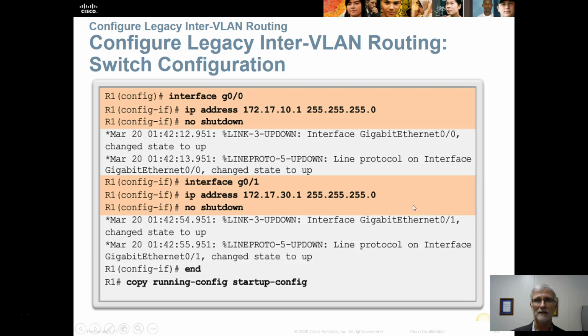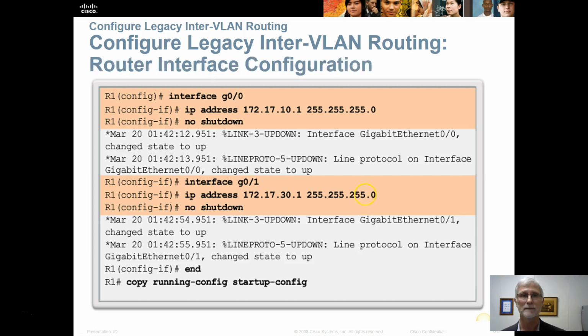So let's look at how to configure this. You've got your router, and you've got interface G0/0. I brought it up and gave it an IP address. Here's my second interface, so I've got two physical interfaces up and running on this. Right now it just looks like we've assigned IP addresses to them, no big deal.